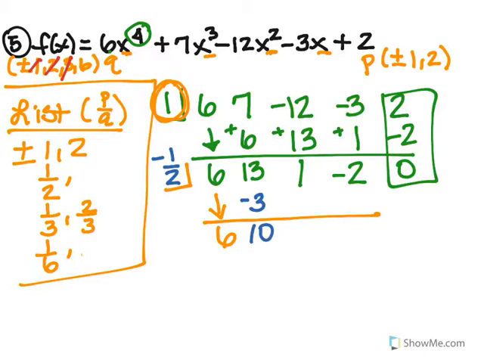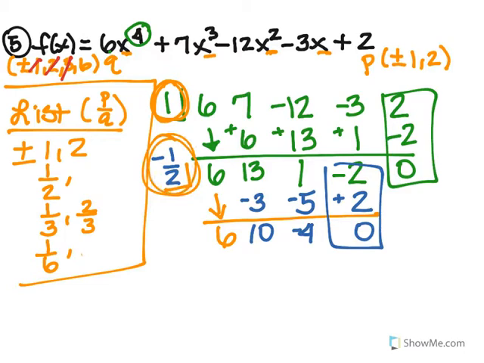Again, a negative and a positive will make a negative. Half of 10 is 5. 1 minus 5 is negative 4. 2 negatives will make a positive. And half of 4 is 2. And negative 2 plus 2 is 0. And as you see there, it zeroes out. So negative 1/2 is also a 0, which means an answer.